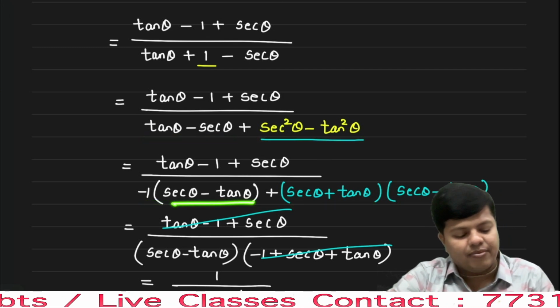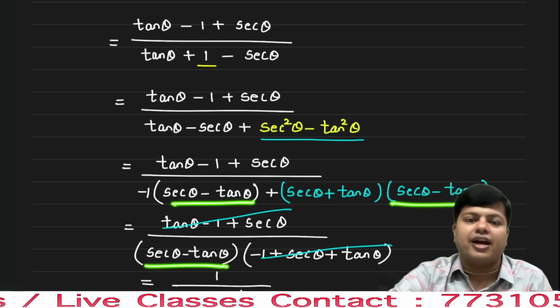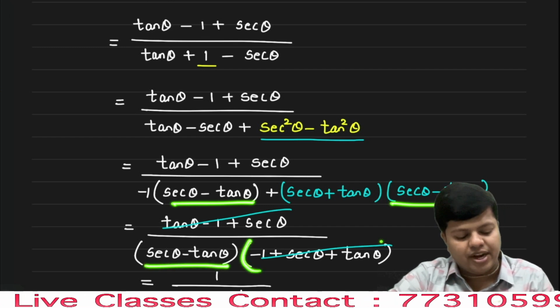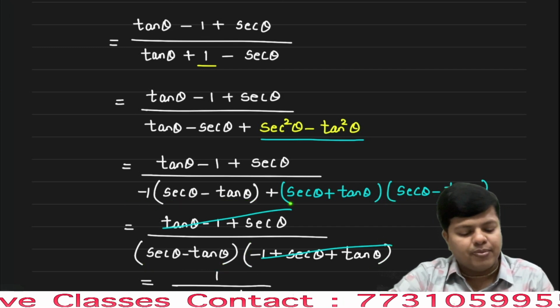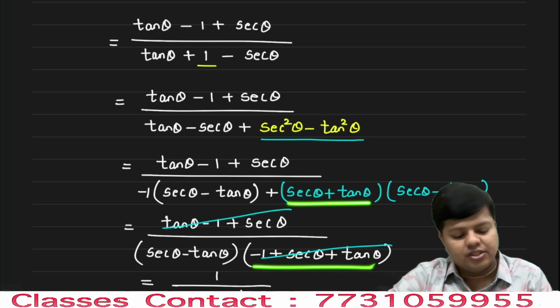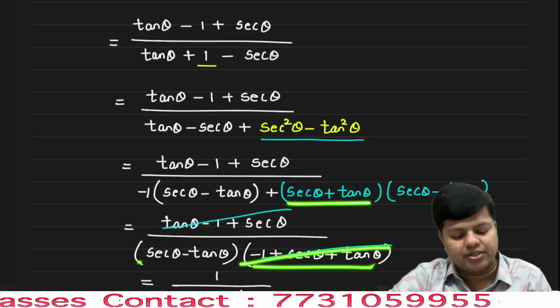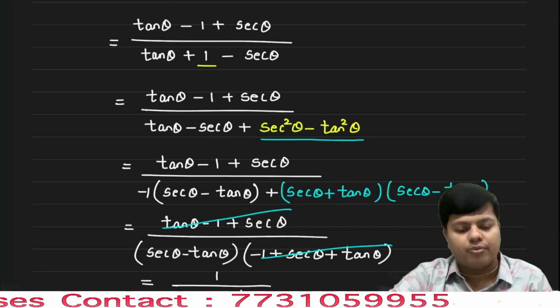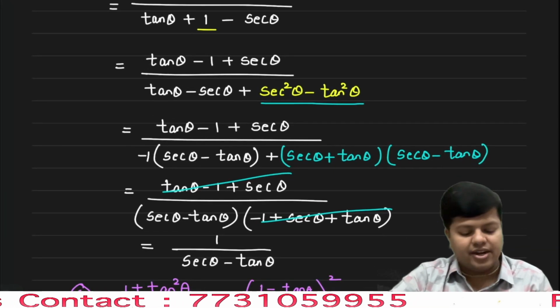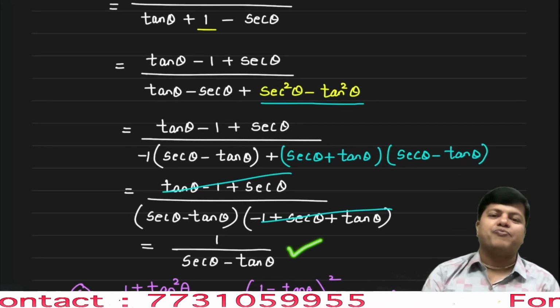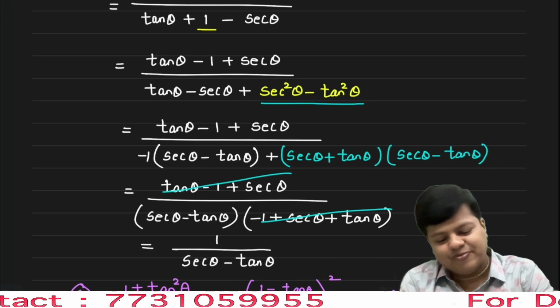Then secant theta minus tan theta you take common I took. So what is left in into, minus 1 plus secant theta plus tan theta. This both numerator and denominator same got cancelled. This is the answer left in denominator. So 1 by secant theta minus tan theta is left. So easy.